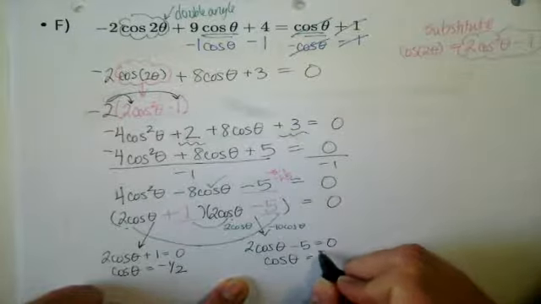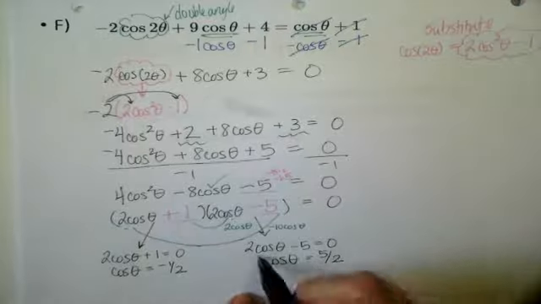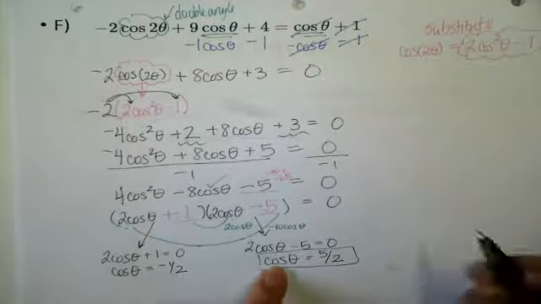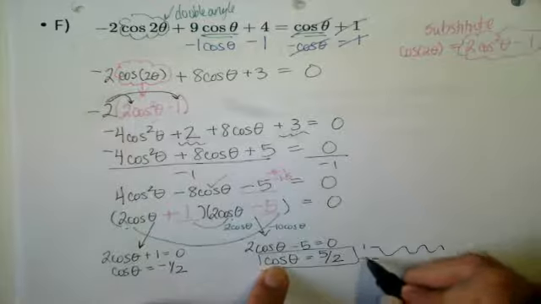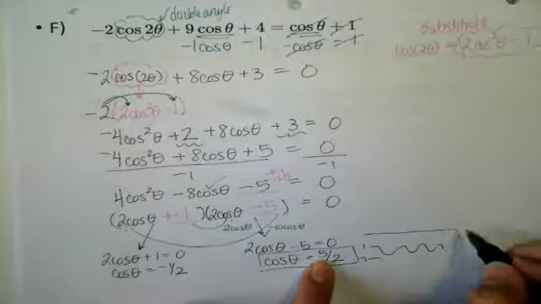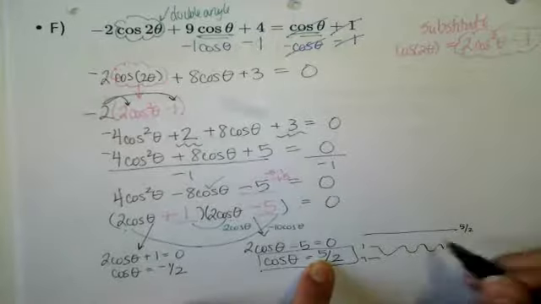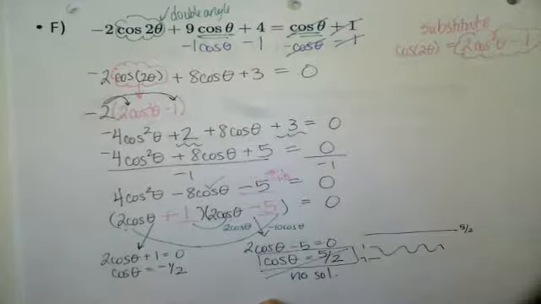That'd give me +5/2. Now, if we think back to the graphs here, cosine oscillates between +1 and -1. 5/2 is way up here at 2.5. There is no solution for this particular bubble.